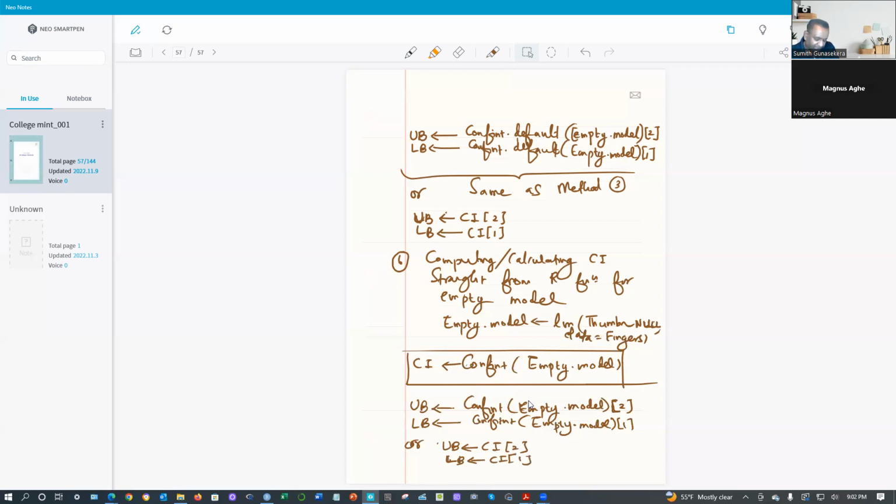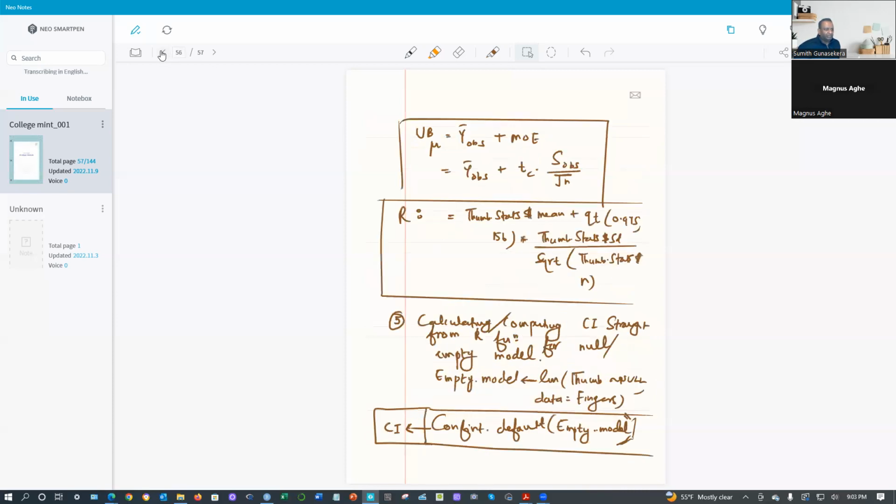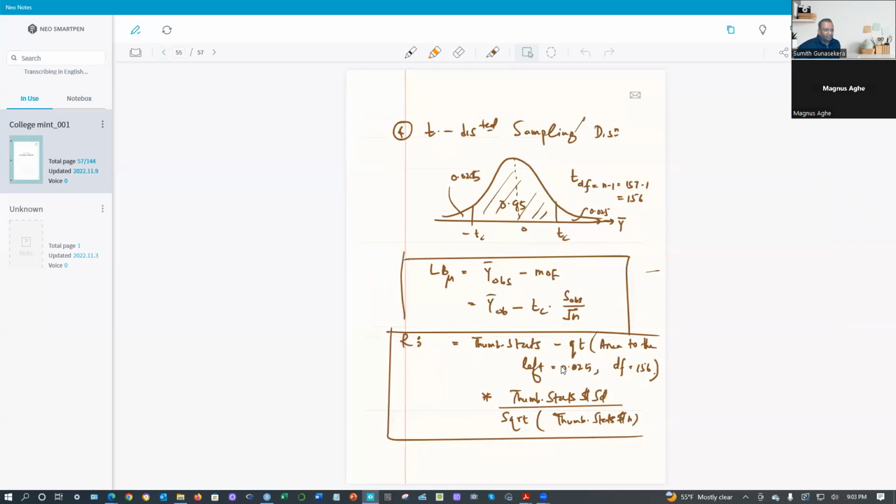This is same as what? Same as method 4. Method 4 means when you are using what? When you are using T distribution. Same as TC, critical T. TC means critical value based on T distribution.